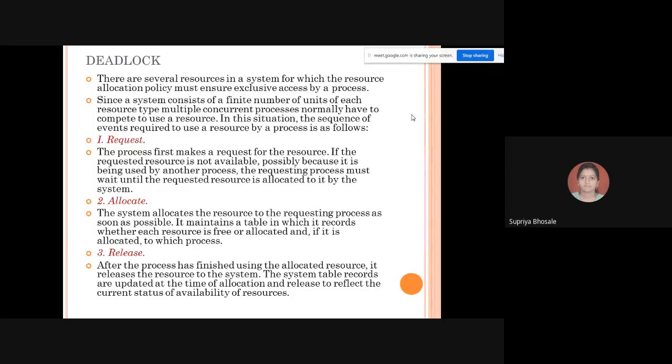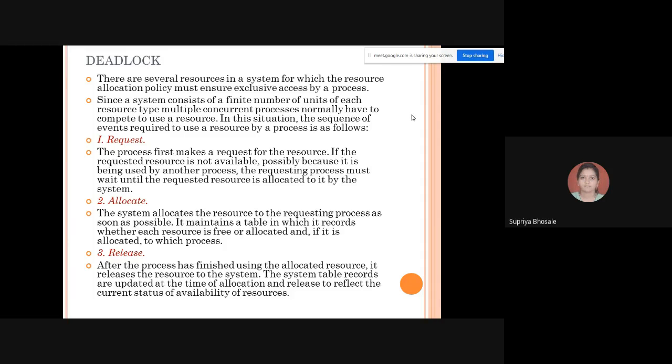In this situation, the sequence of events required to use a resource by a process is as below. First is request, that is, the process first makes a request for the resource. If the requested resource is not available, possibly because it is being used by another process, the requesting process must wait until the requested resource is allocated to it by the system.